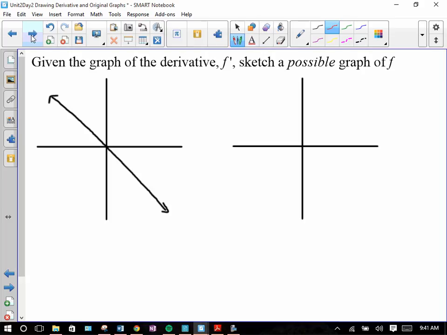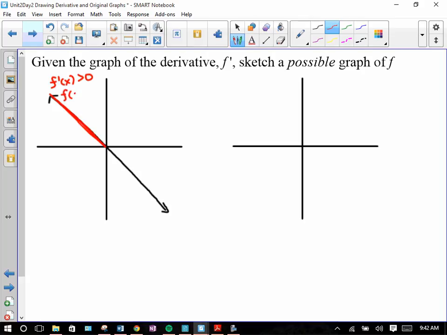So let's say from negative infinity to 0, what is happening? What value is the first derivative? What type of value? The first derivative has negative y values here. As positive. So right here, f prime of x is greater than 0, positive.